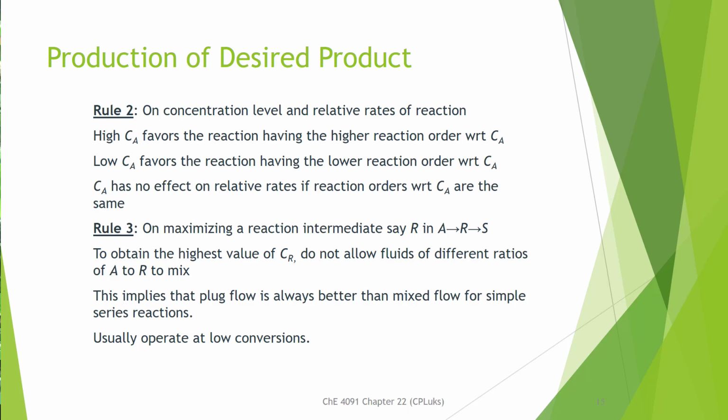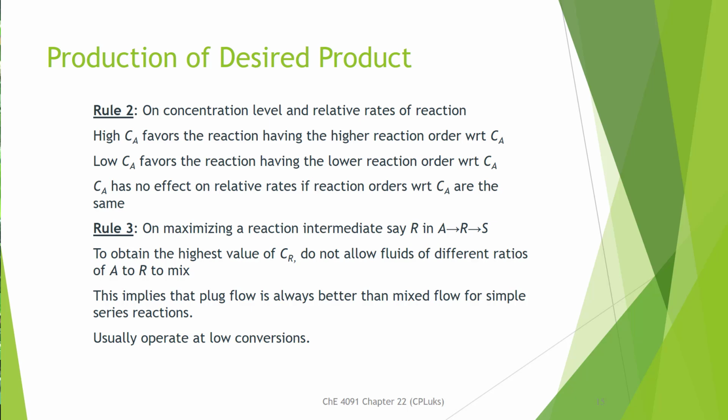Rule 3 is about when you have an intermediate product. If you're wanting to maximize the amount of R in a reaction, where R is going to leave and move into being S if you don't control things, you can get the highest concentration of R if you don't allow fluids with different ratios of A and R to mix.